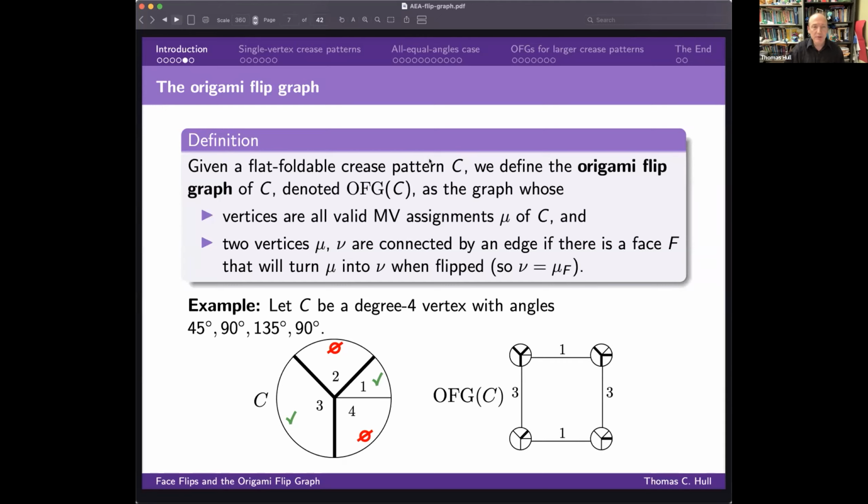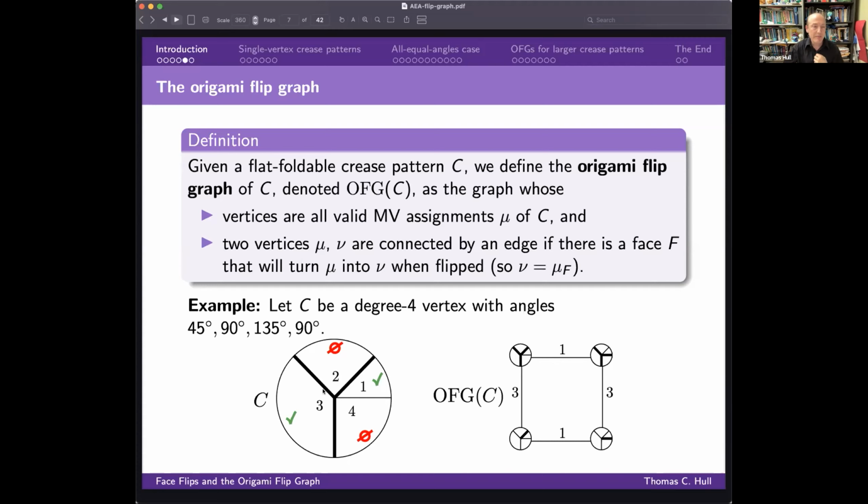Given a flat foldable crease pattern C, we define the origami flip graph, which I call OFG of C, as a graph whose vertices are all the valid mountain valley assignments. Okay, so you take every single valid mountain valley assignment, they create the vertices of this new graph. And then two vertices in this graph, which correspond to valid mountain valley assignments, we connect them with an edge if there's a single face we can flip to go from one to the other.